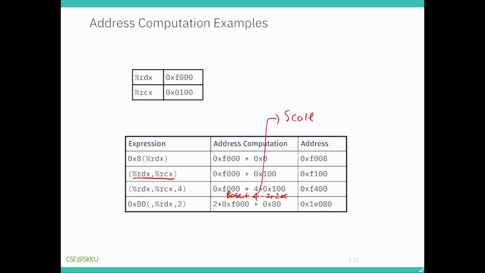So you might think this is kind of a random address computation format, but if you think about it, you've already seen this kind of computation. Let's say we are working with an integer array like this, and we're trying to access array index number 4.